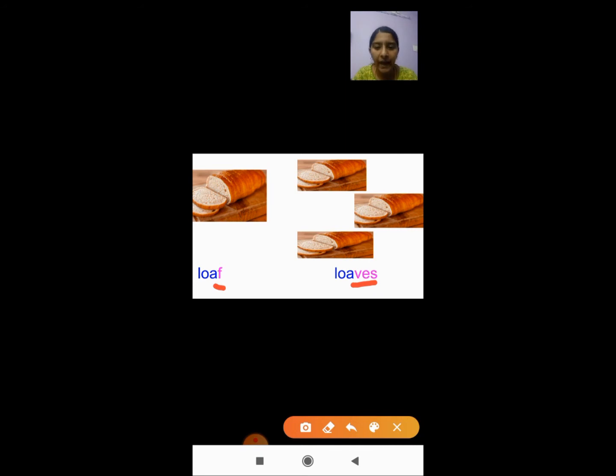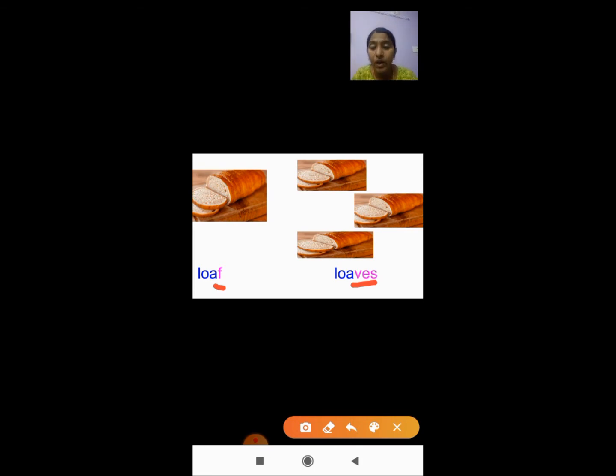So loaf, loaves. So this is the first thing: first we saw we are just going to add S to the given words.